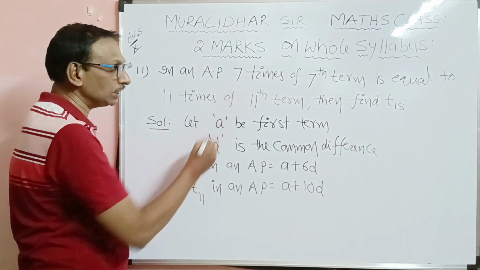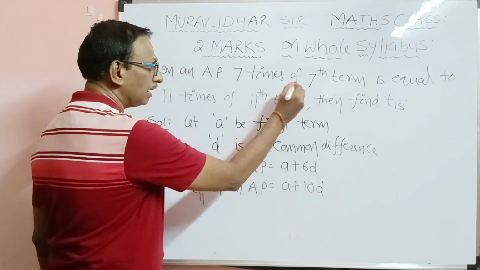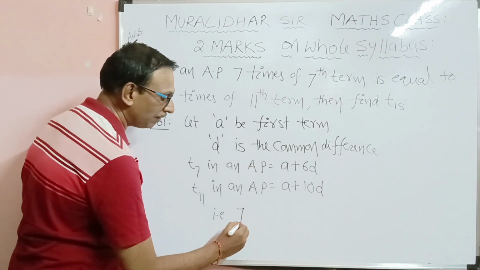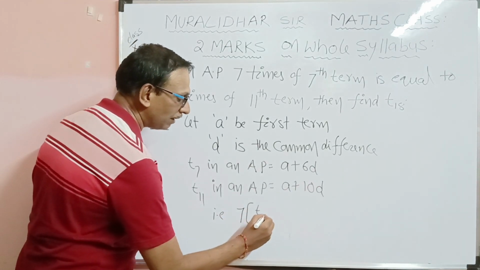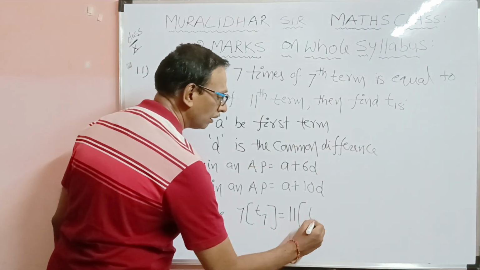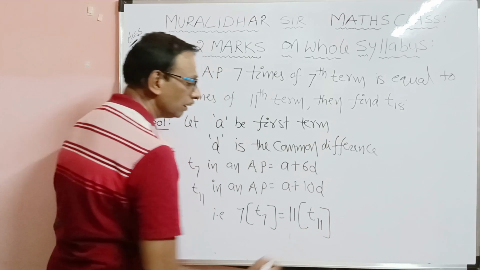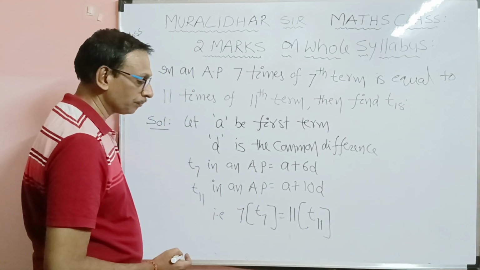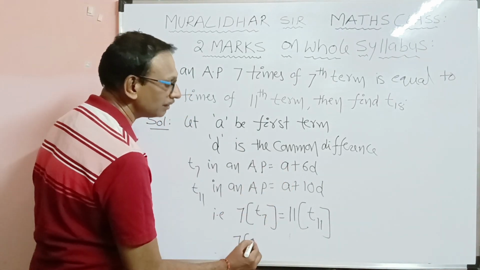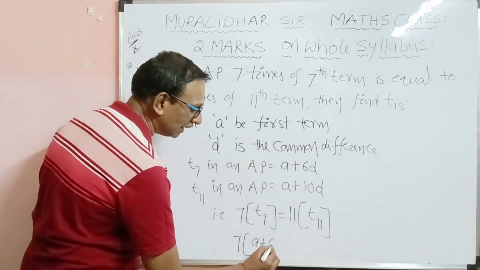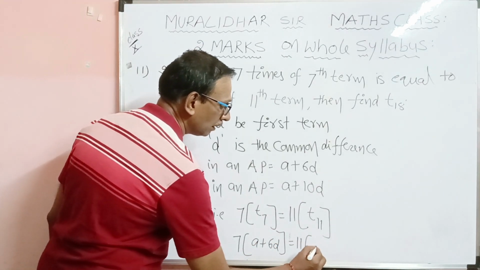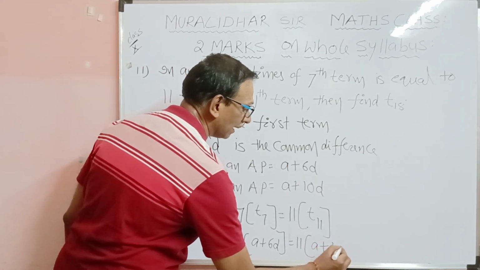Now he has given a condition that 7 times of 7th term is equal to 11 times of 11th term. Now this is the condition given to you. Now 7 into the 7th term, a plus 6d, and the 11th term is a plus 10d.